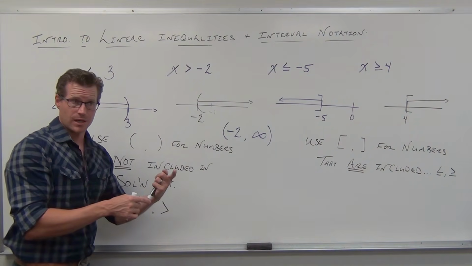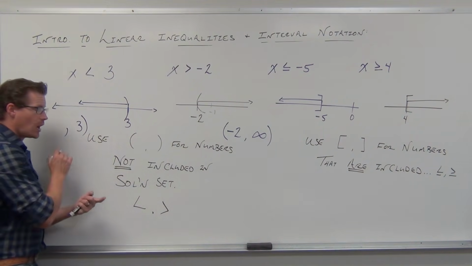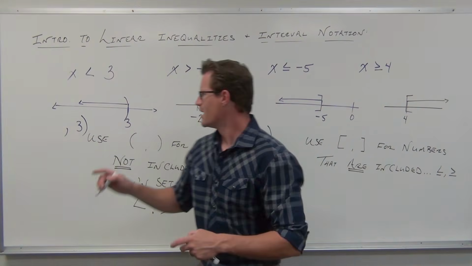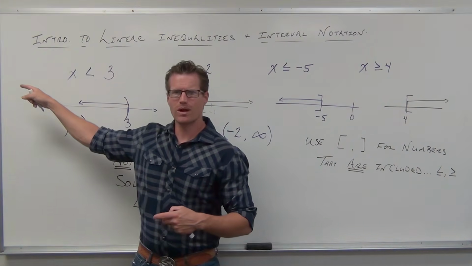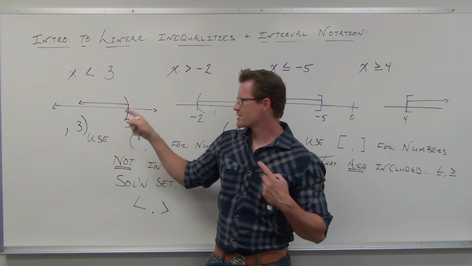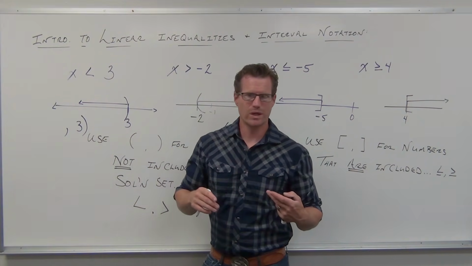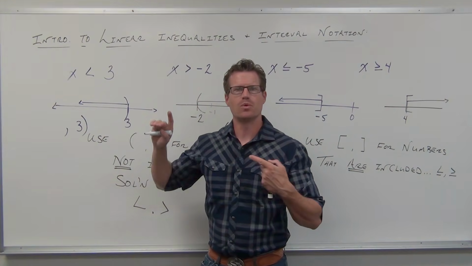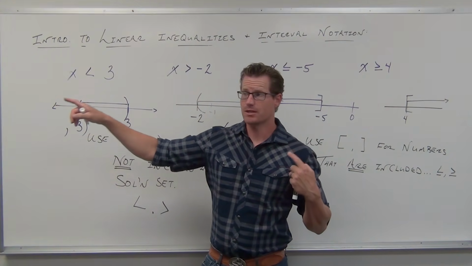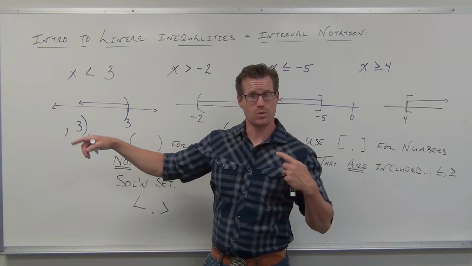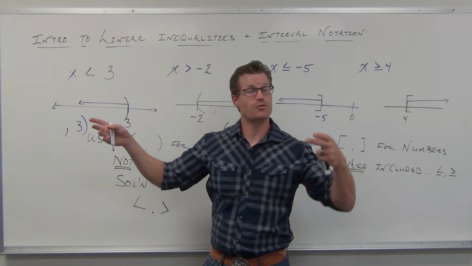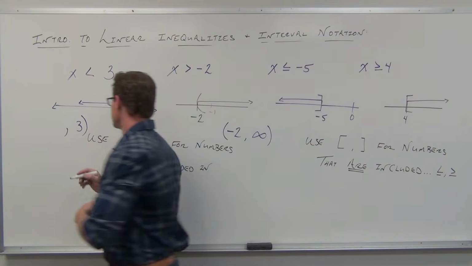It ends at 3, and it ends at 3, not including 3. So the question is, this is pointing this way, where does it actually start? If it's not at 3, where does it start? Really weird. It has a starting point at -infinity. As far left as you can go is where this inequality starts, from left to right.